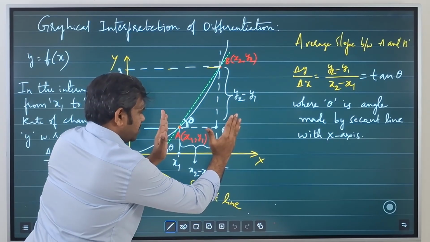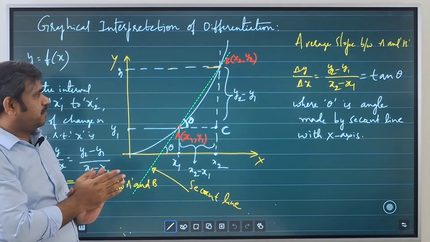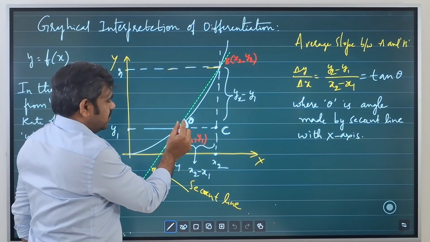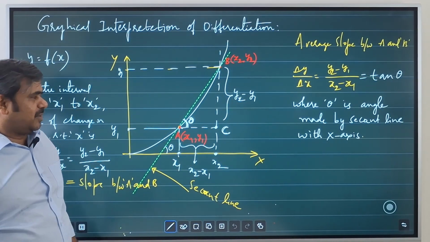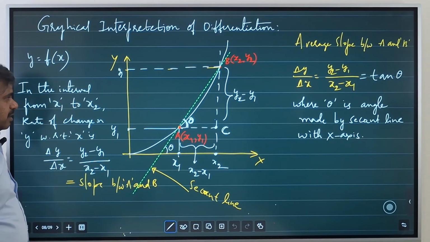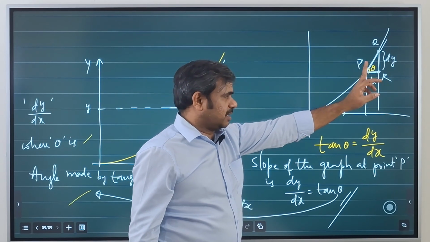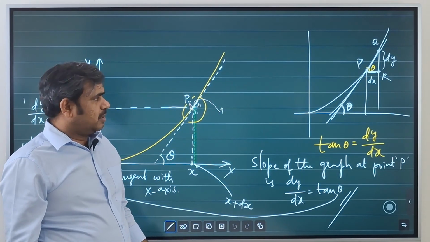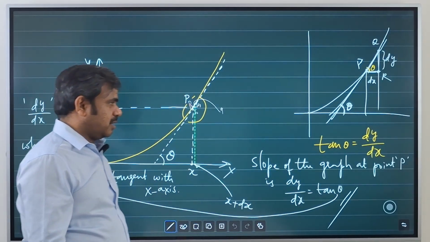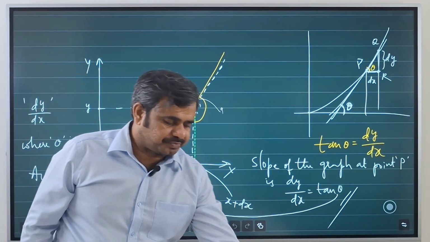The horizontal difference, that is the x coordinates difference, also decreases. So when the 2 points are very close, the difference is infinitesimally small, and the secant line becomes the tangent line. So that's when we write dy by dx, the slope of the graph at a particular point, equal to tan theta.